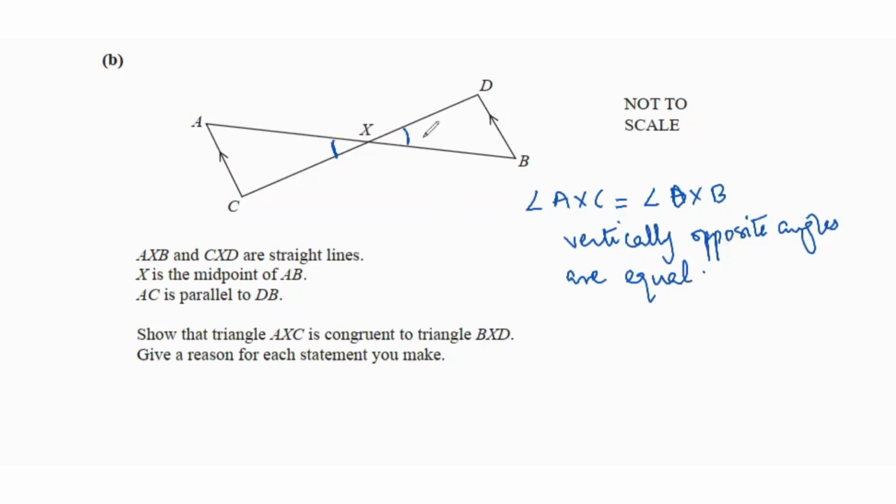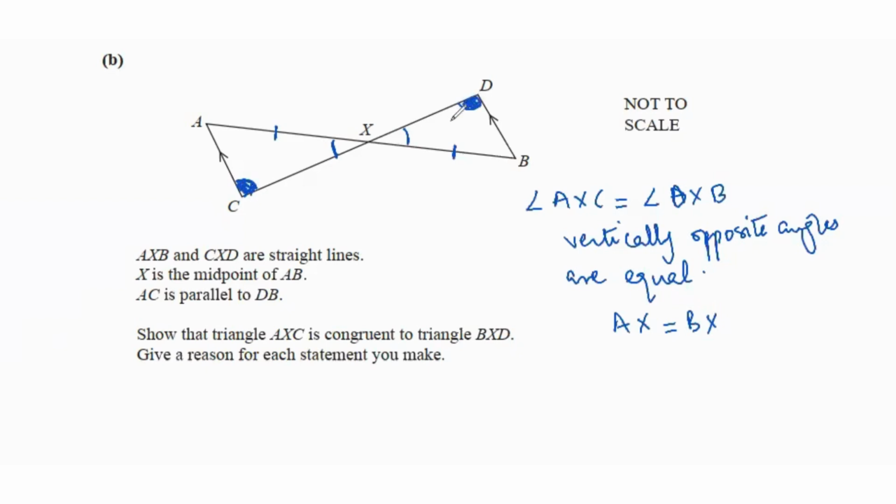Then we know that X is the midpoint of AB. So that means this length is equal to this. AX is equal to BX. And since AC is parallel to DB, that means this angle will equal to this angle.